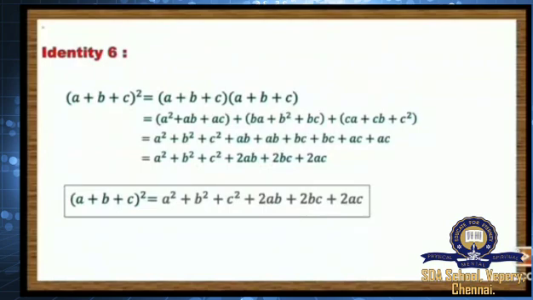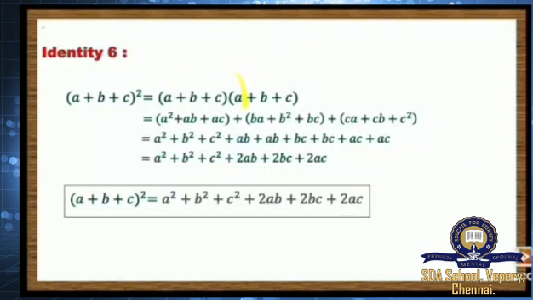So the next identity is (a + b + c) the whole square. Again, I can write it as (a + b + c) into (a + b + c). So following the same procedure, I will multiply each term in the first bracket with the terms in the second bracket.